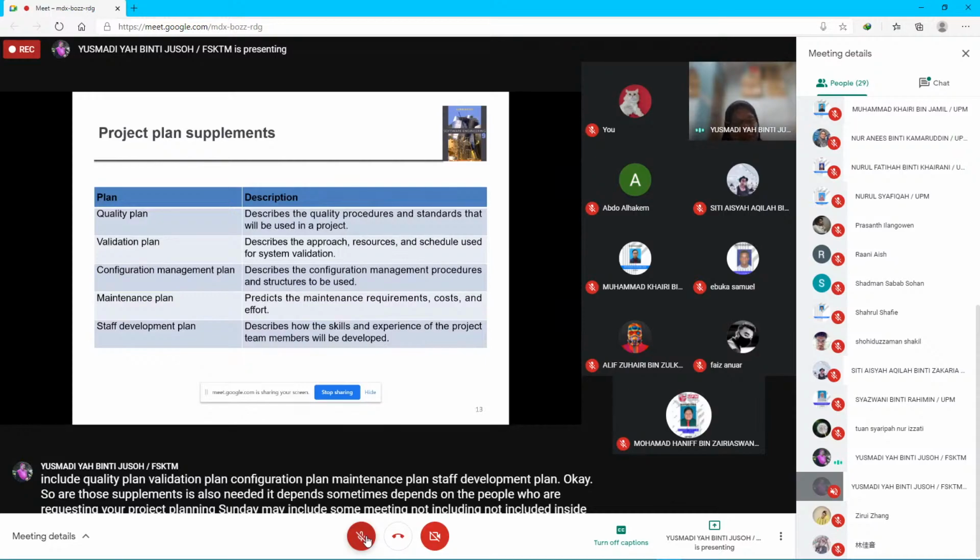All are important. Although not that detailed, you should at least have some idea for all of these items.